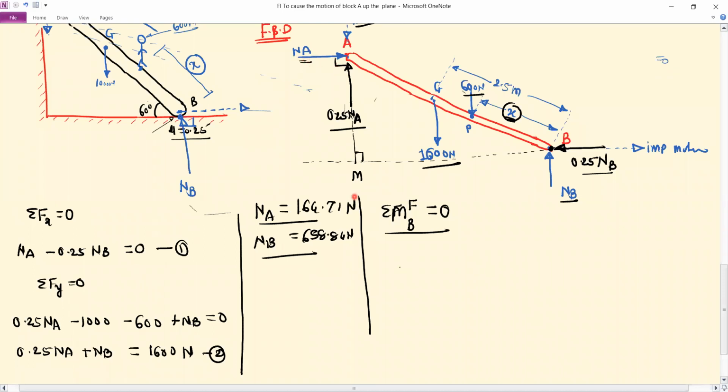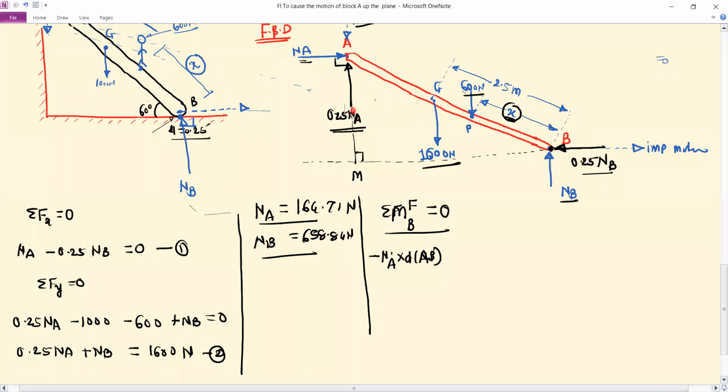So moment will be NA into distance AB, and this moment will be a clockwise moment about the point B, so it is negative. Next, we have this 0.25 NA.